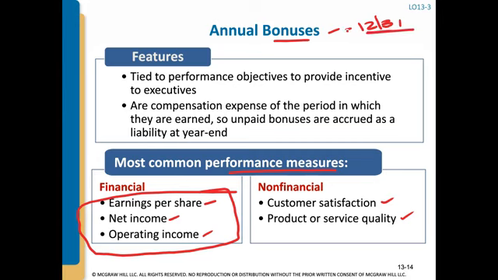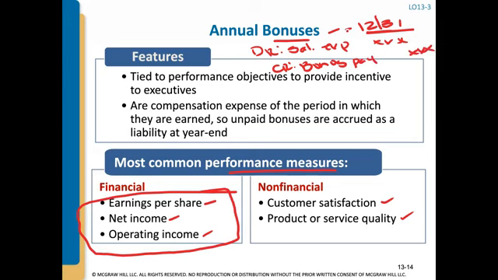And this is not just a random estimate, it's a calculated estimate based on what the company thinks the net income will be. And then what they'll do at year end is they will debit bonus expense or salaries expense for a certain amount, and then they will credit bonus payable at year end.